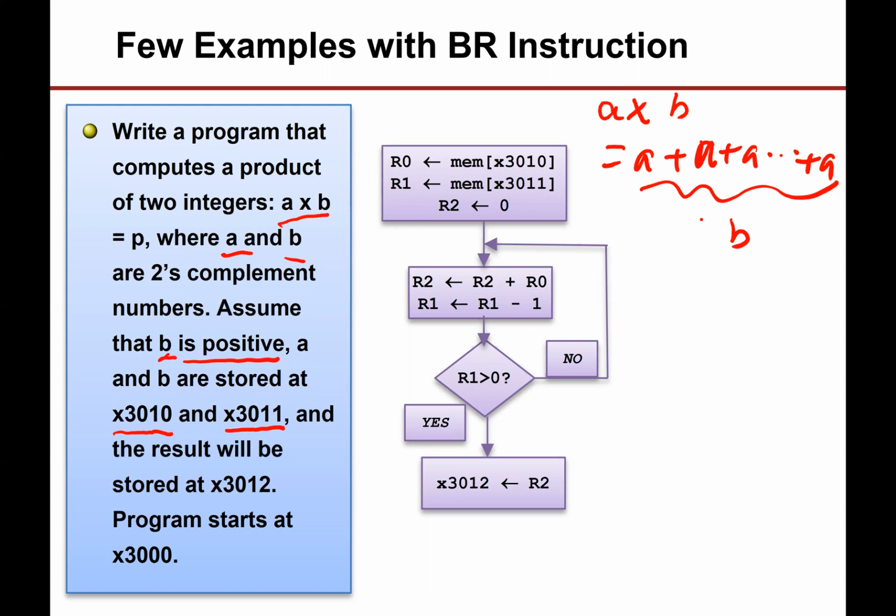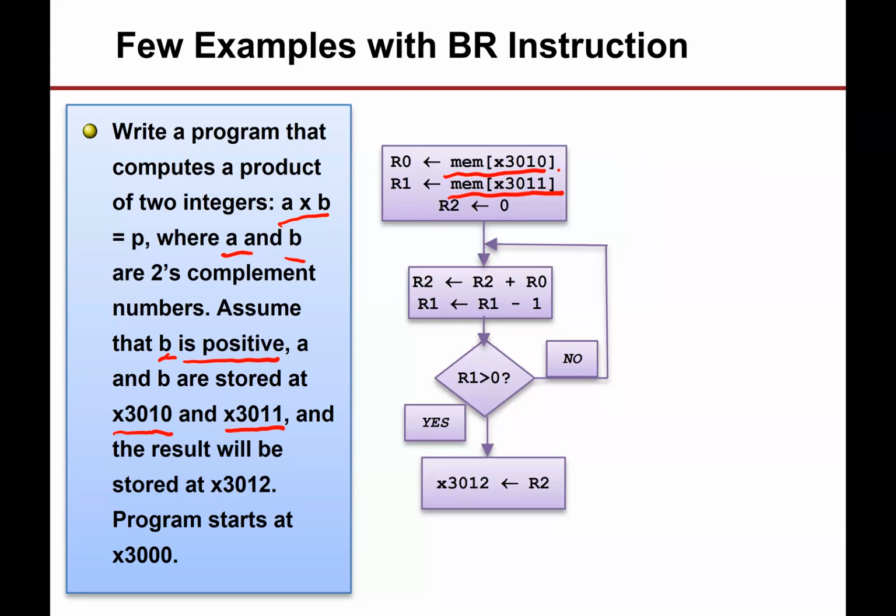For this one, it's a bit different from the previous two examples. First you need to load the data from the memory into the register here. So we can use LD.